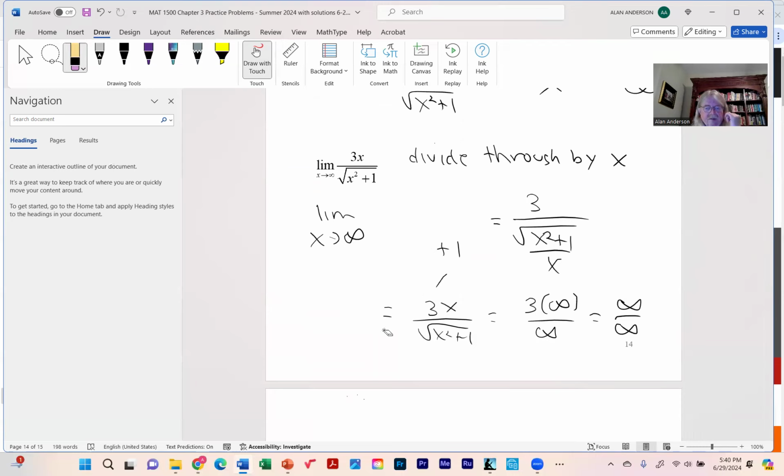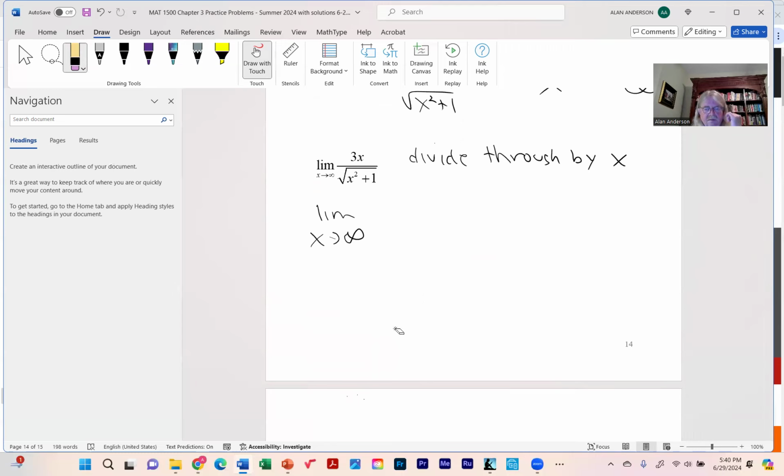All right, we're gonna have to rewrite this slightly. All right, so here's what we're gonna do. Instead of writing it the way we did before, I'm gonna write that as the square root of x squared because it's the same thing, right?